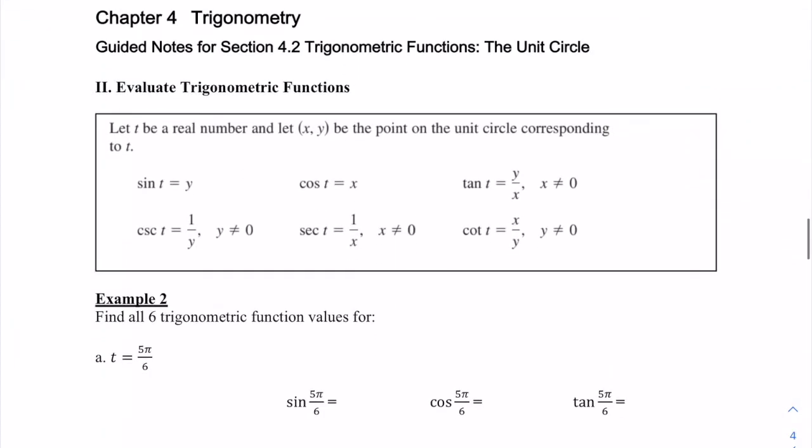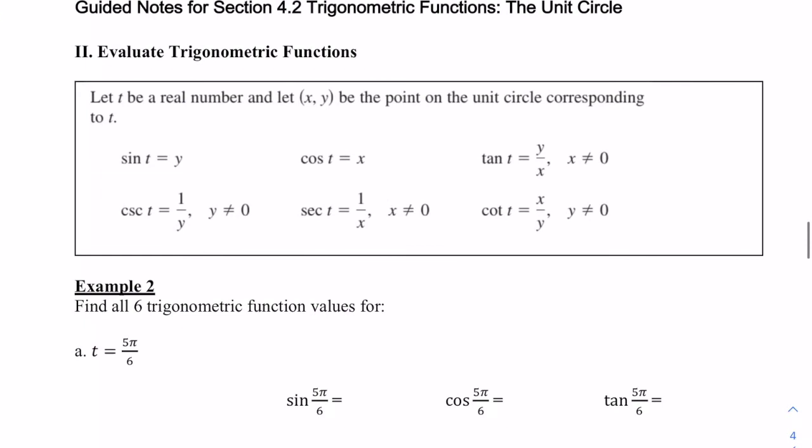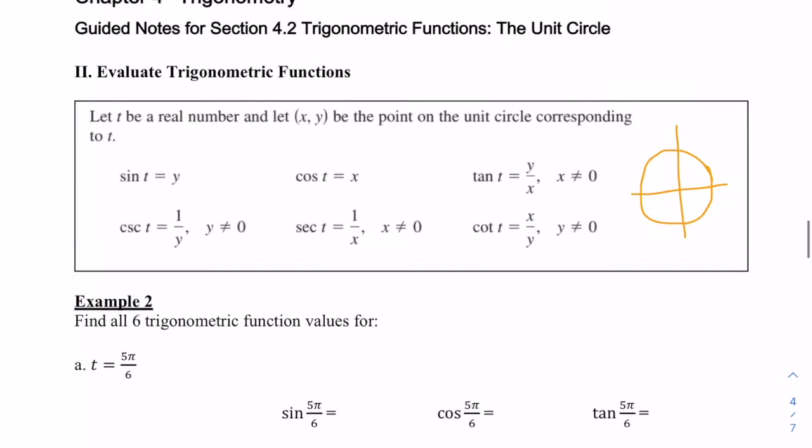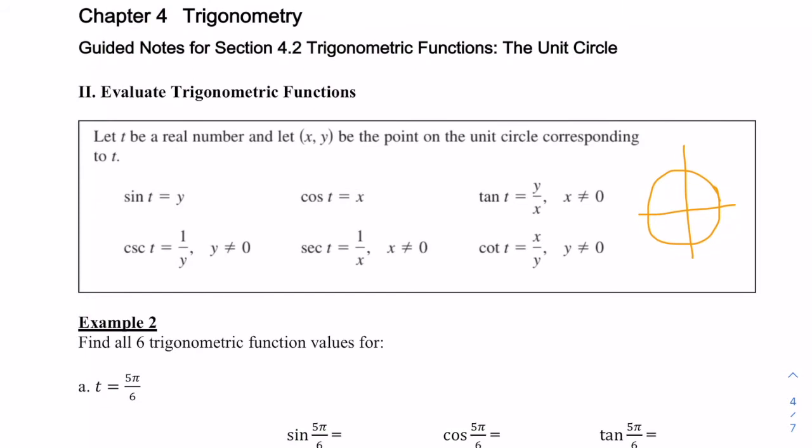Now let's look at some of the properties of trigonometric functions. So when we look at the coordinate x, y on the unit circle, it actually indicates these trig functions. So we have been using it with the unit circle, but when we look at the y value, that has corresponded with the sine.